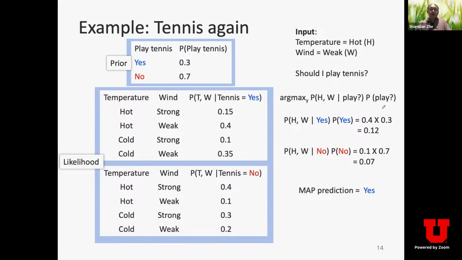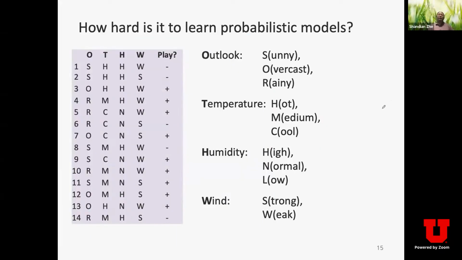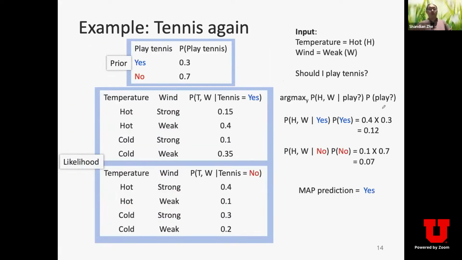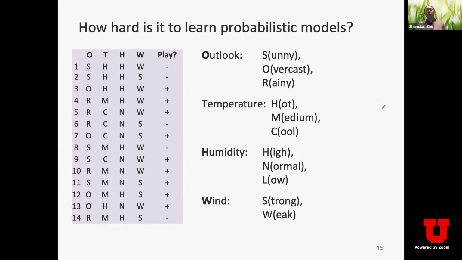Okay, so now let us talk about the learning issue. In this case, we used a very simple example to illustrate how we apply Bayes rule to make prediction, but now let us consider how to learn those probabilities. Now I want to look at a little bigger problem, which is consistent with the tennis example we used for decision tree.